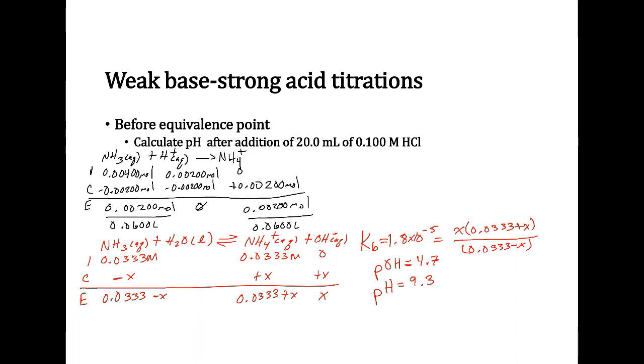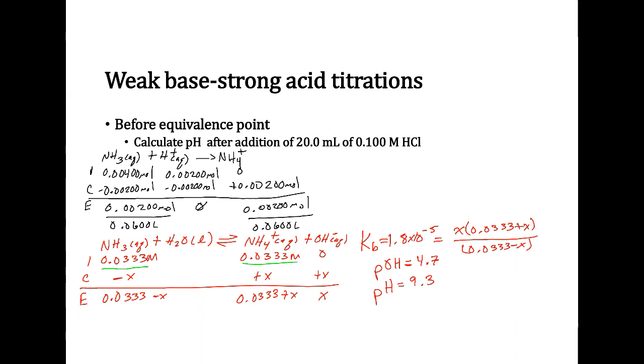Subtract off the small amount, and we see again that we have the exact same concentrations of ammonia and the ammonium ion. So just like we did with our previous example of the weak acid and the strong base titration, now we're plugging in for Kb instead of Ka, and Kb is equal to 1.8 times 10 to the negative 5th.